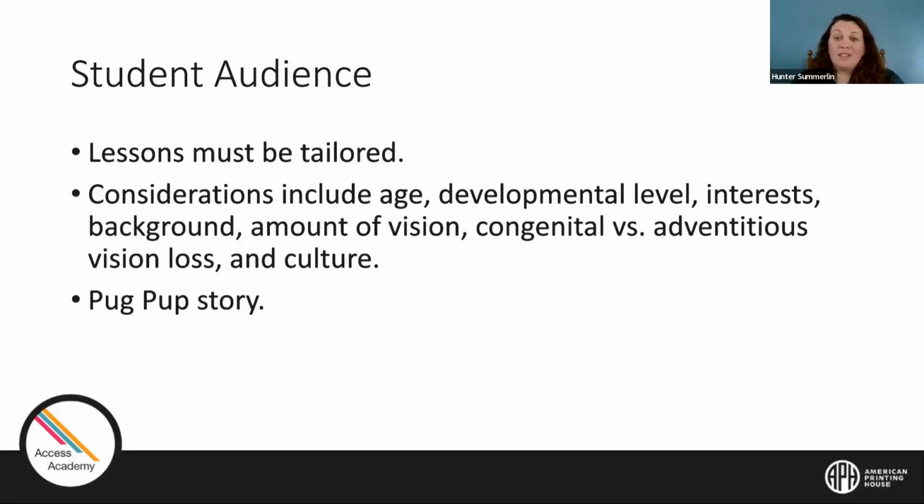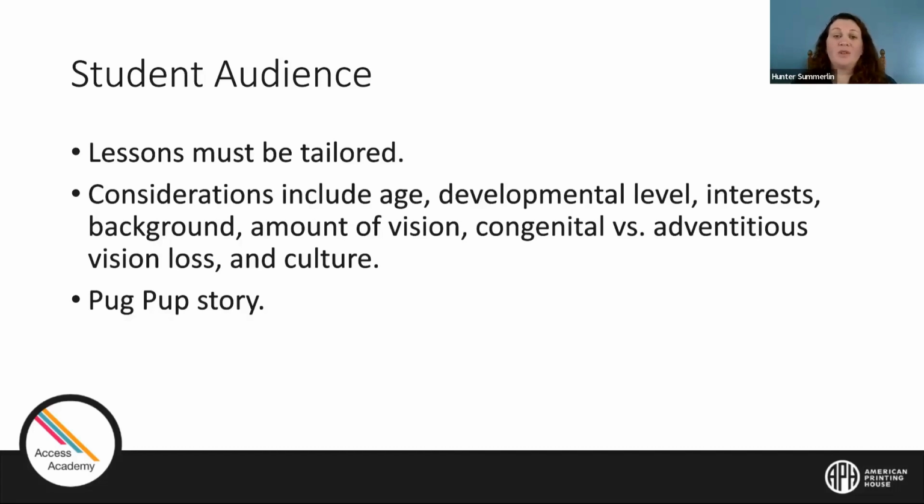We can think about developmental levels. Sometimes we have students who might be chronologically 10, but they're developmentally more aligned with the abilities and interests of a 5-year-old. Or they are chronologically 14 and developmentally 14.